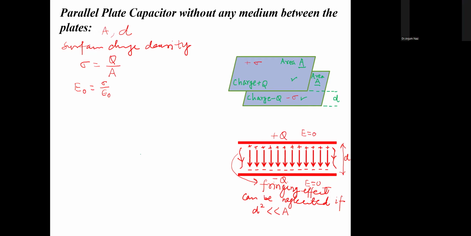So from Gauss's law, the uniform field inside, that is within the plates, is sigma by epsilon naught.